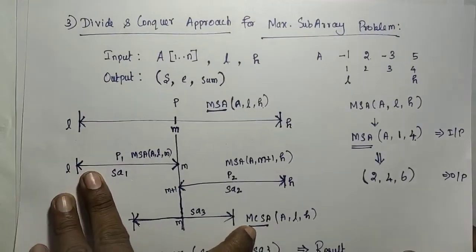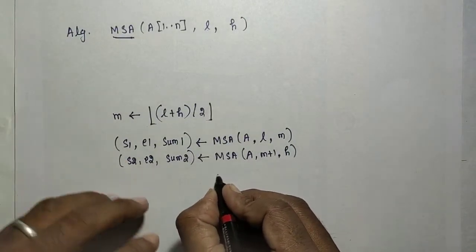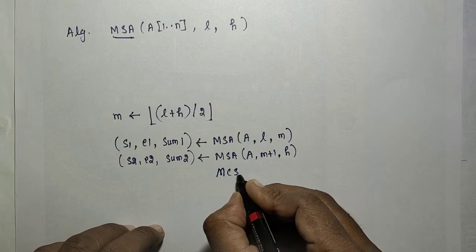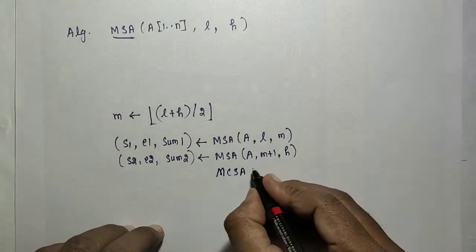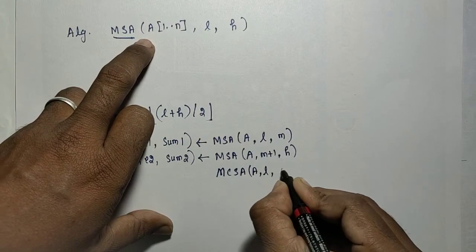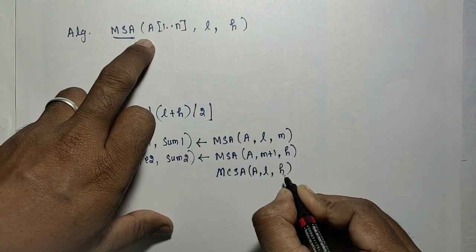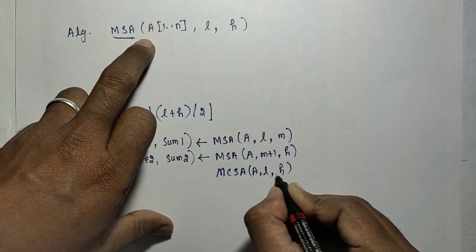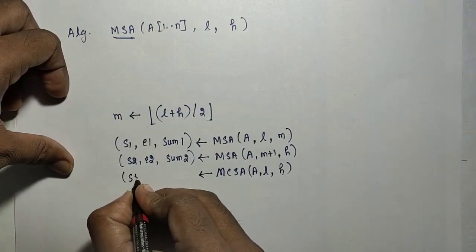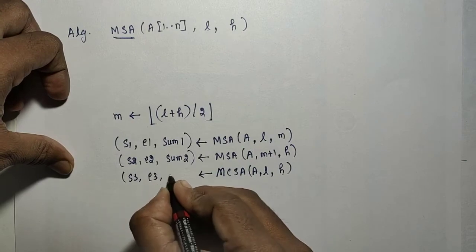So I need to call the mid-crossing subarray, that is MC. Here I need to pass the same A, L, M, and H. Within that range, the subarray which crosses the middle element we obtain as S3, E3, sum 3.